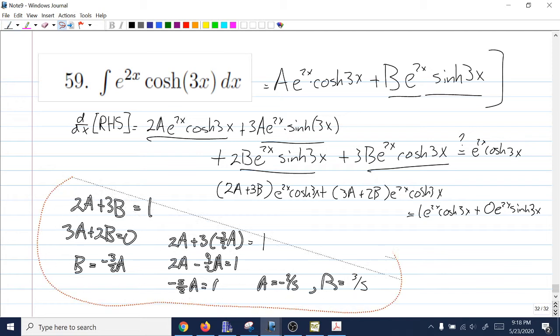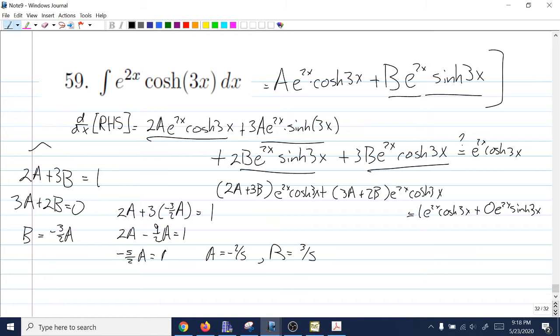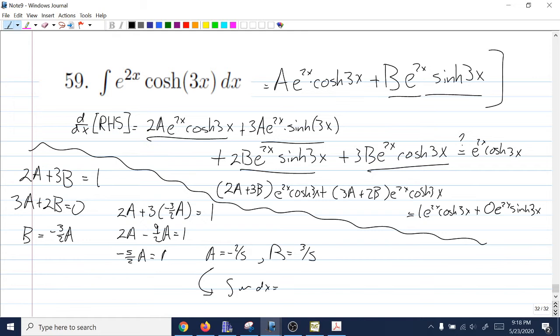Let's cheat and make a tiny little extra space. So the integral is negative 2/5 e^(2x) cosh 3x plus 3/5 e^(2x) sinh 3x plus a constant.